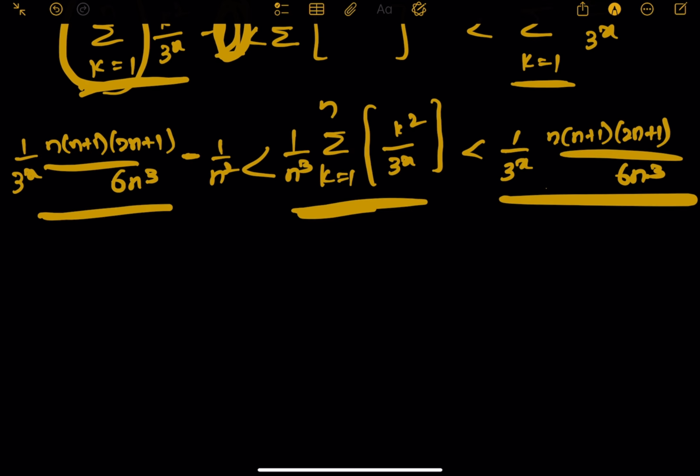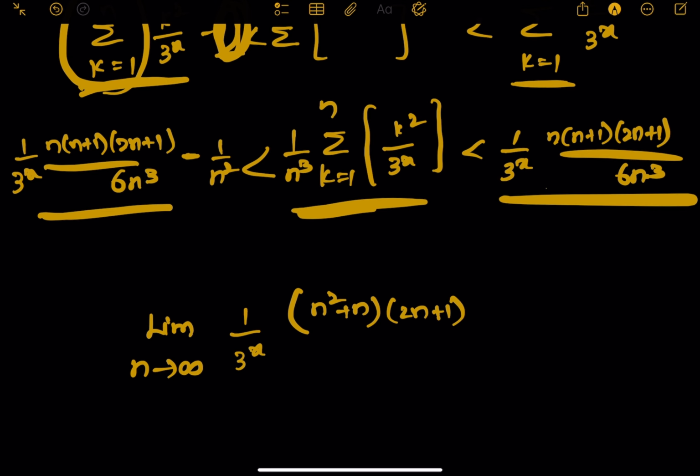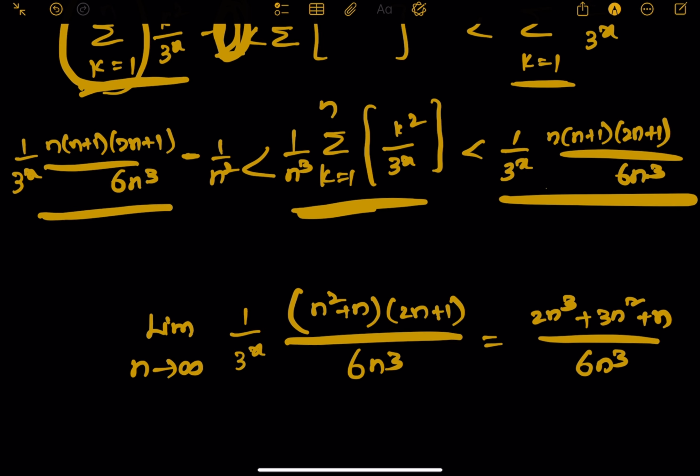So let us take this and calculate what the limit will give. Limit n tends to infinite. So 1 by 3 to the power x. So the numerator will be n square plus n multiplied by 2n plus 1 by 6n cube. So what will that give? That will give us 2n cube plus 3n square plus n by 6n cube.